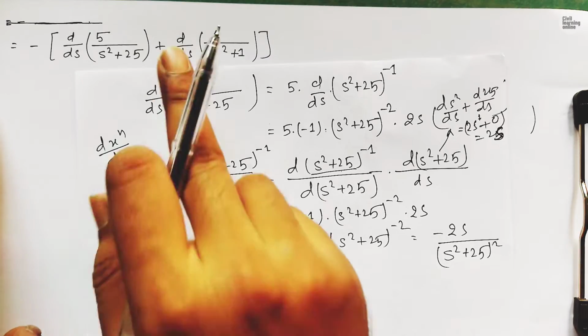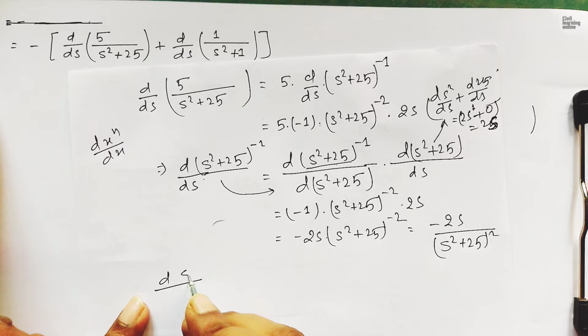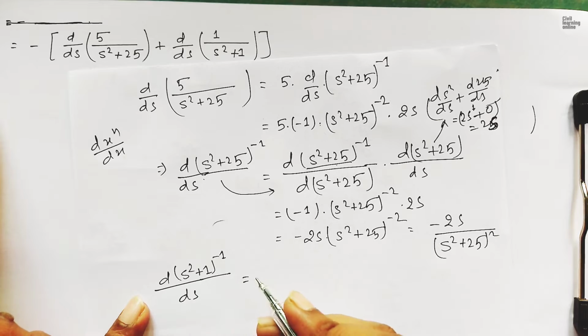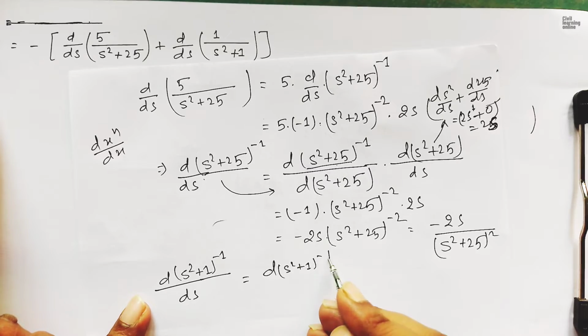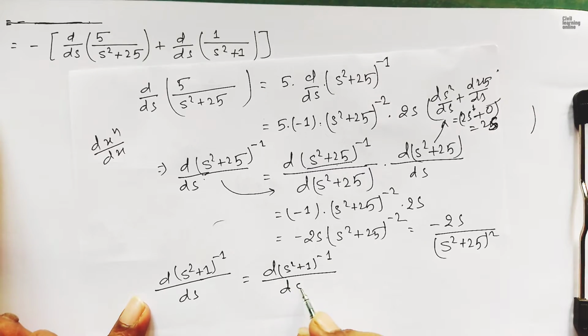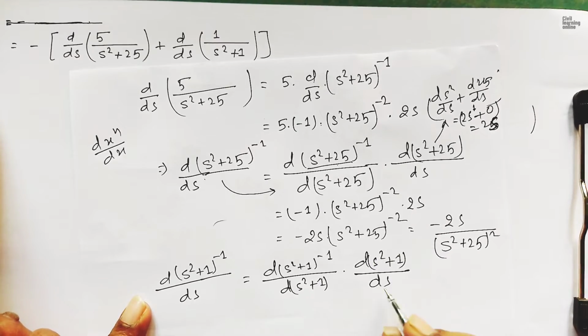Now we have the second term also, that is derivative of (s square plus 1) to the power minus 1 with respect to s. So we will again use the same rule here, that is d(s square plus 1) to the power minus 1 upon d(s square plus 1) times d(s square plus 1) upon ds.